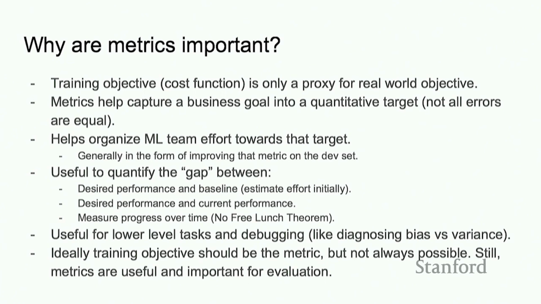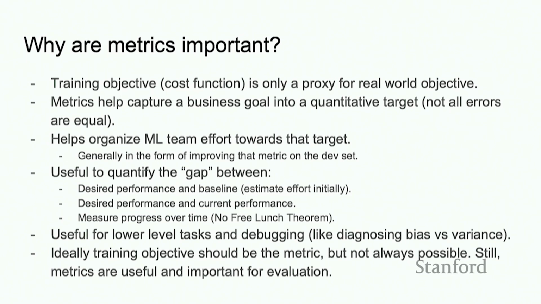Evaluation metrics also help organize your team effort towards some kind of a business target. It's common practice to define a dev set, and the team working on improving the model performance strives to improve the evaluation metric on that dev set. You want to start thinking about the evaluation metric as something distinct from the loss itself.